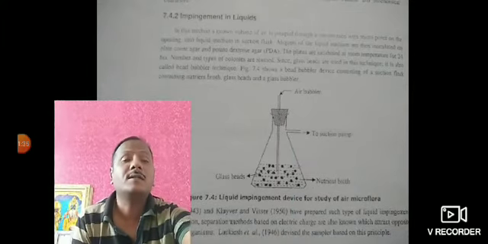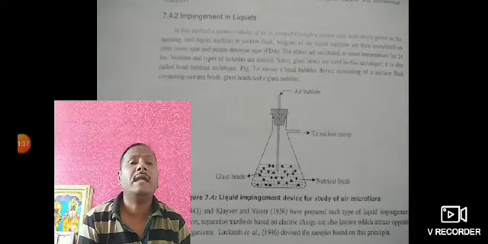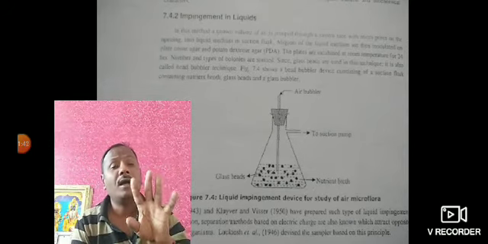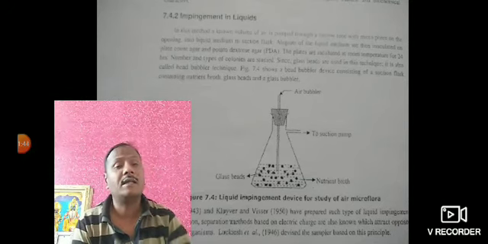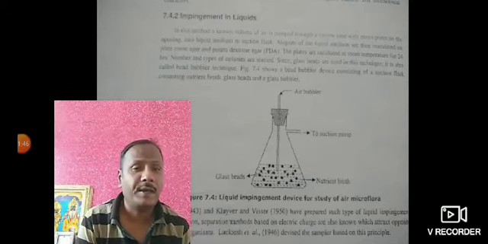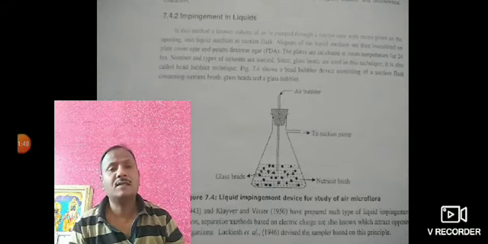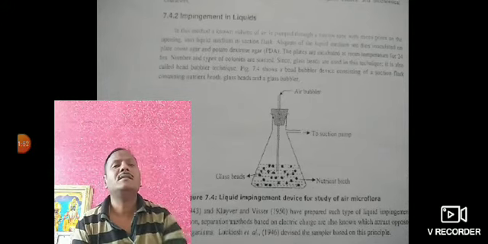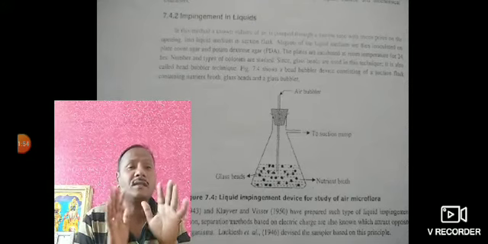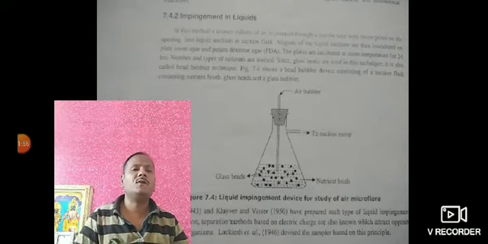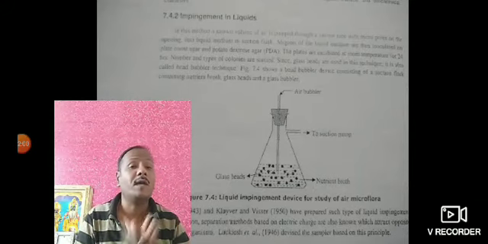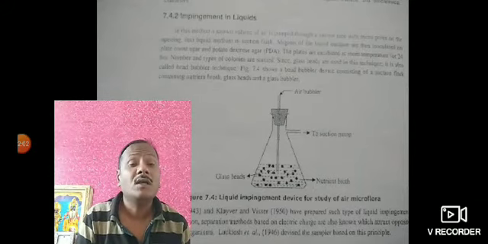These are the two methods, impingement of solid and impingement of liquid. In the impingement of solid, four methods are used: first the settling plate, second the Sieve plate, then slit and filtration, and this is the impingement of liquid. These are the methods generally used for enumeration or examination of microorganisms in air.